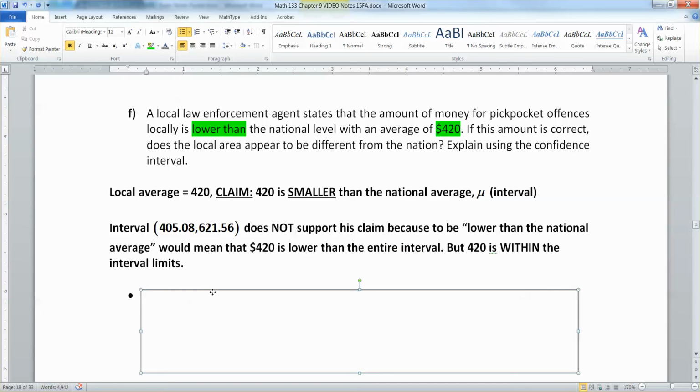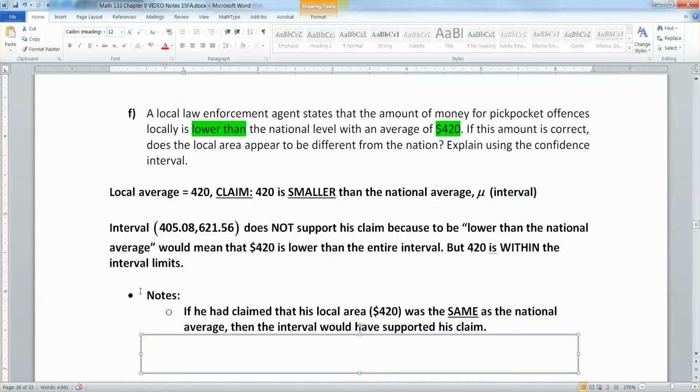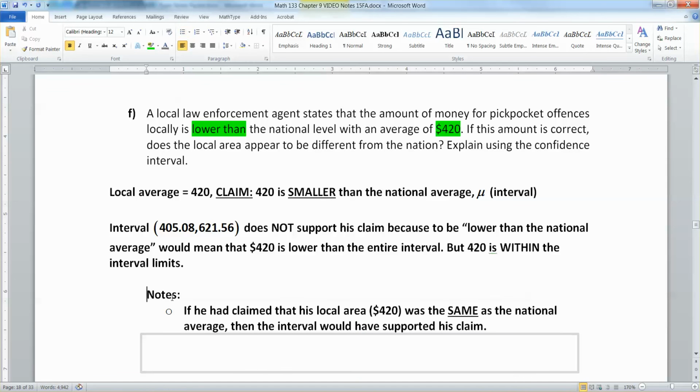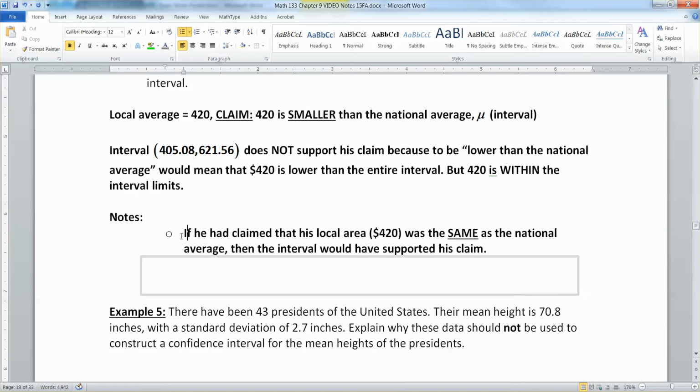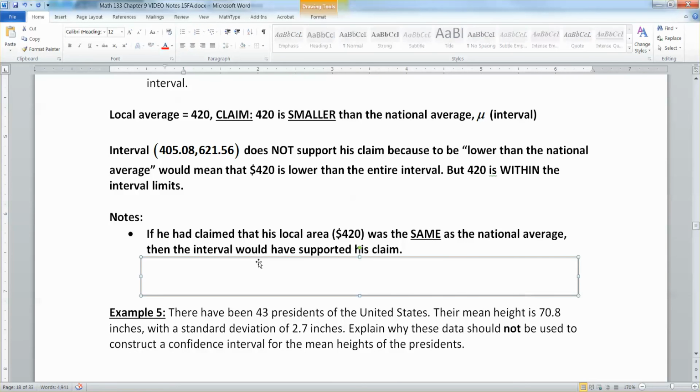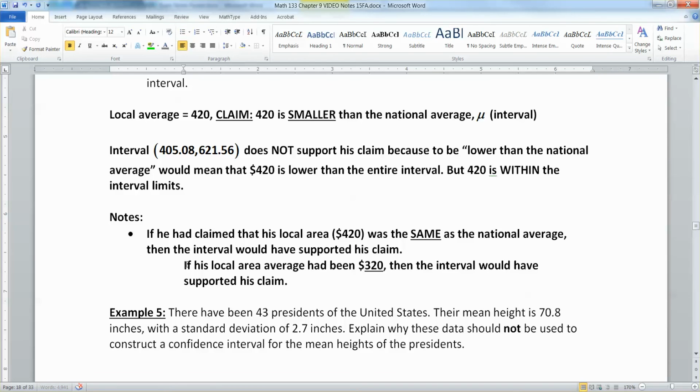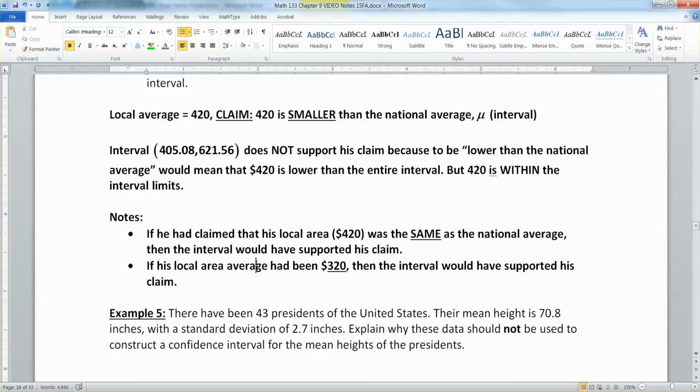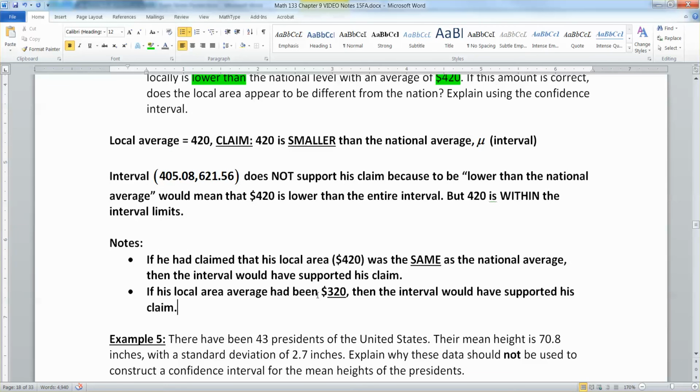Now, how could this have worked? Well, if he had claimed it was the same as the national average, then our interval would have supported him, right? Because 420 is in our interval. No trouble. If his average would have been 320, then we would have supported him as well, because 320 is lower than our 405 at the end.